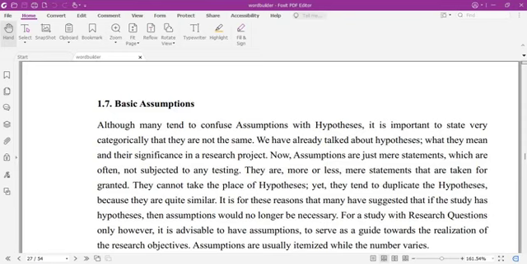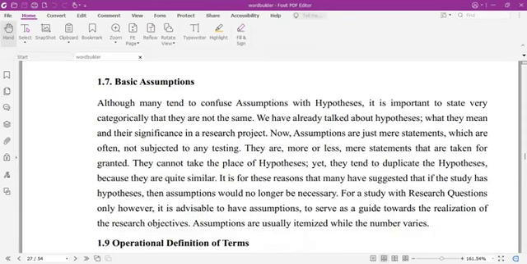They cannot take the place of hypothesis. Yes, we've known hypotheses can be tested, they cannot be tested. So they cannot take the place of hypothesis. Yet they tend to duplicate the hypothesis because they are quite similar. They are similar but not the same. It is for these reasons that many have suggested that if the study has hypotheses, then assumptions would no longer be necessary.